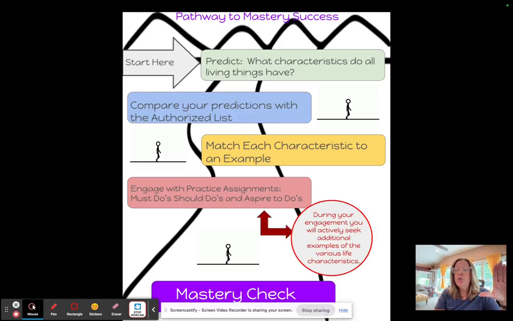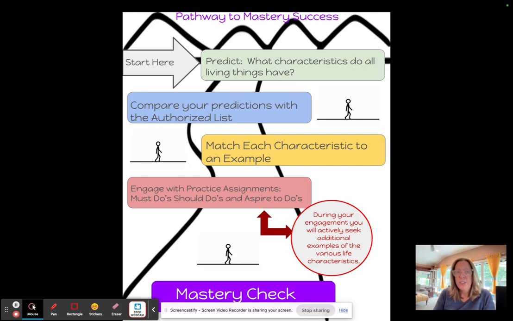This slide shows you your pathway to success. So it outlines for you the steps that you're going to take before you show me that you have mastered this objective of identifying all 8 characteristics of living things and an example for each.